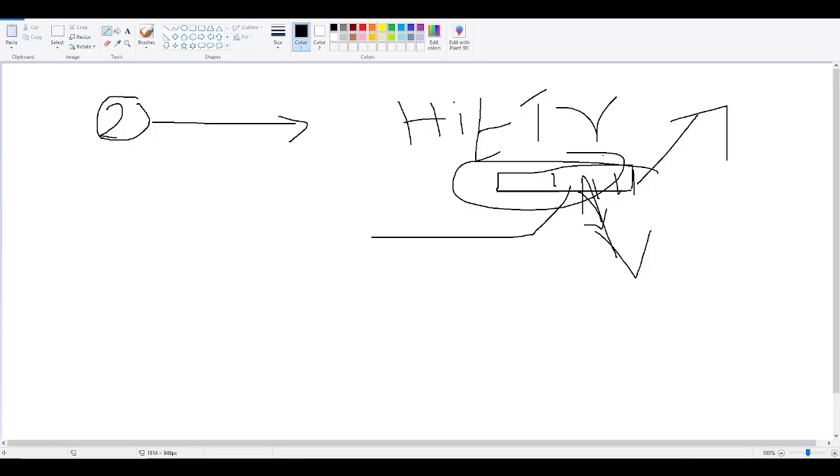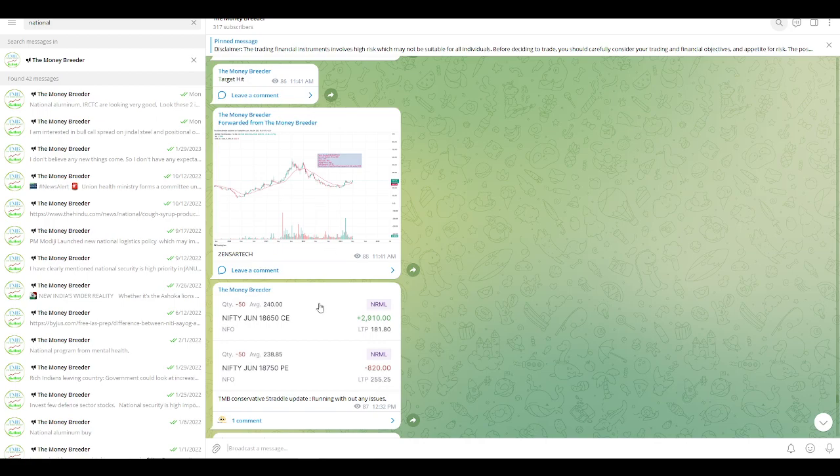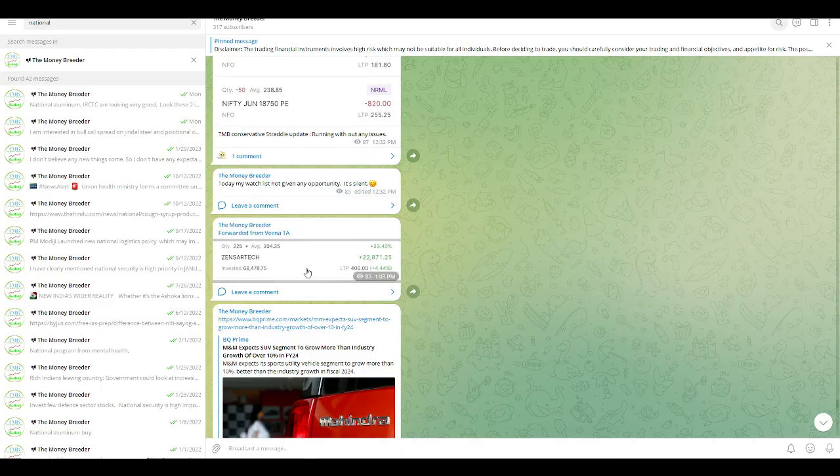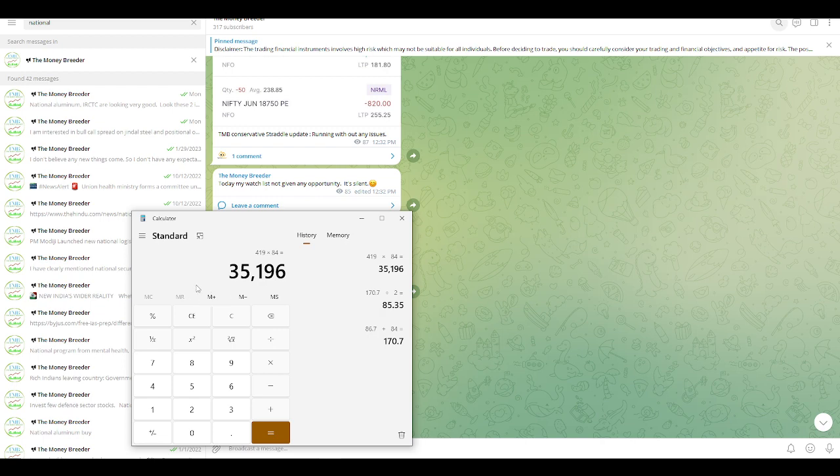So now what is the profit we are having? The profit we are having is 22,000 rupees. Let's take the current market price. The Jansar Tech is 406. Okay, 22,000 rupees is the profit, divided by 405, the stock price. How much? 54 quantity we have to book.